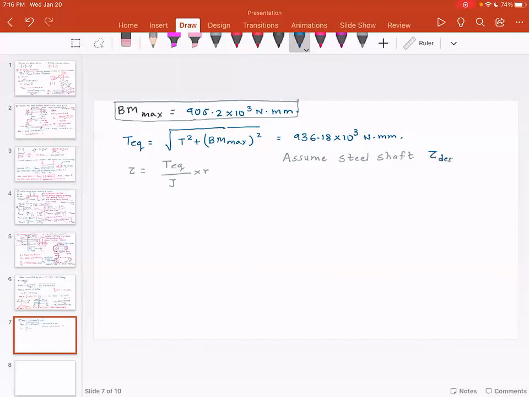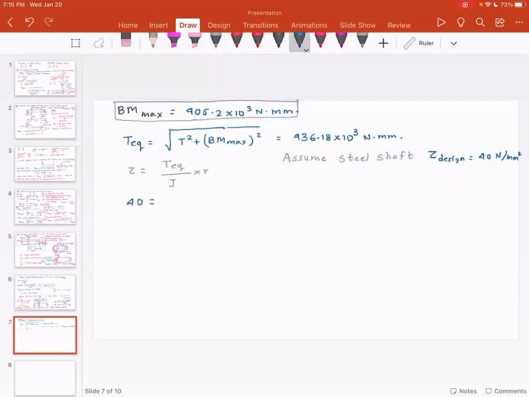Tau design is 40 Newton per millimeter square. It's always safe to assume tau is equal to 40 Newton per millimeter square. That gives you about a factor of safety of 4. So tau design is 40 Newton per millimeter square.